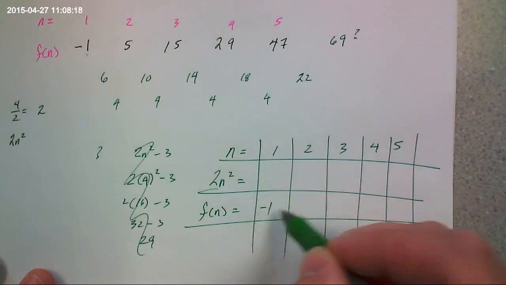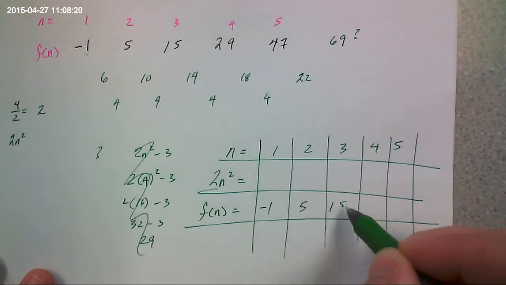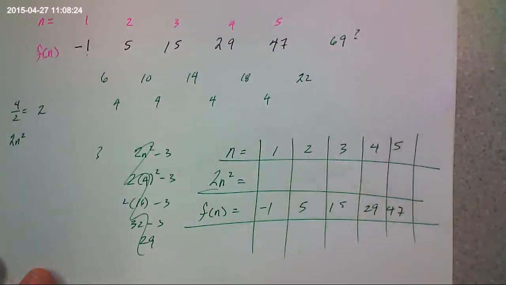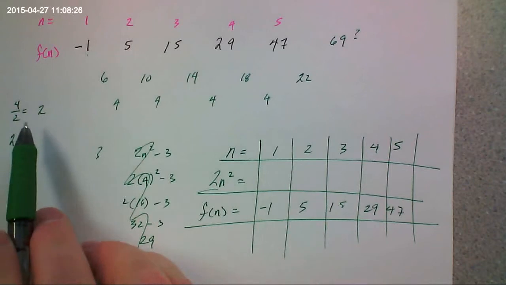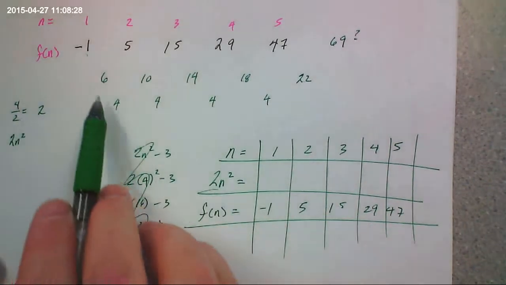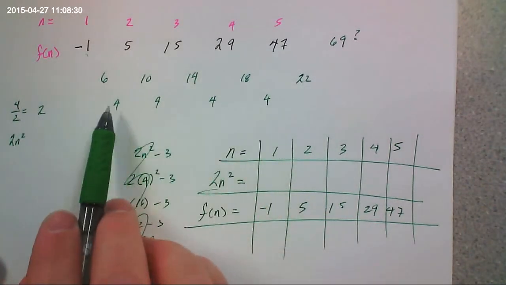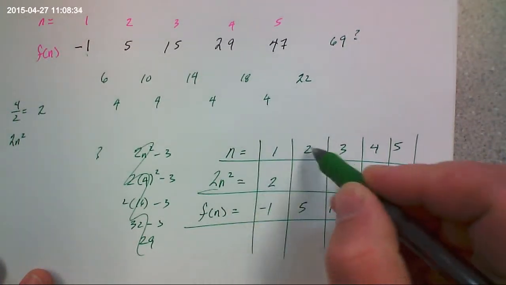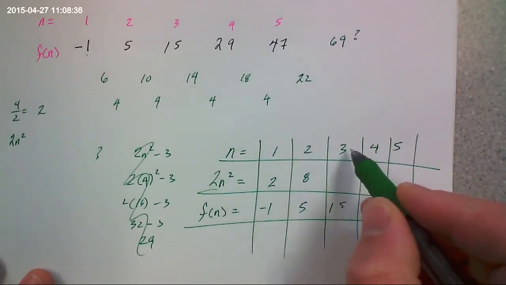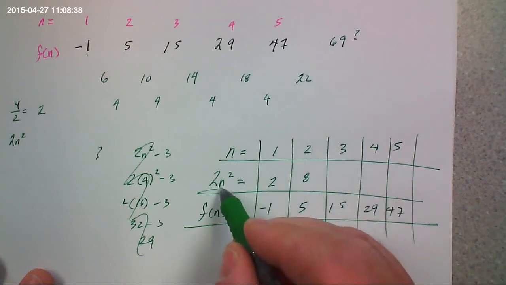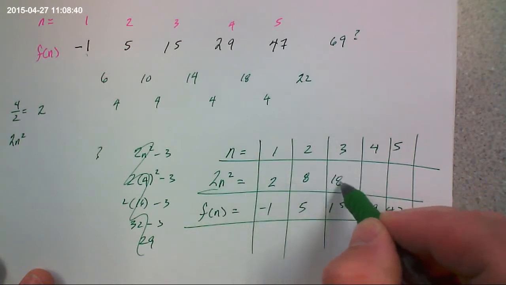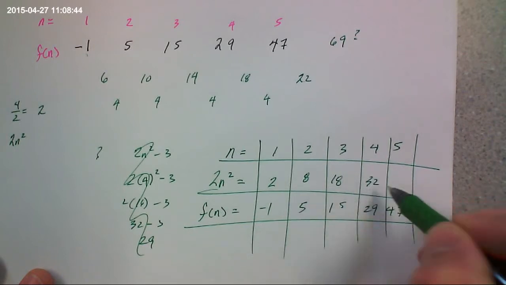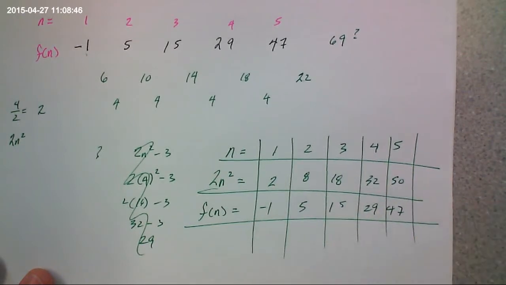These are the numbers we've been given, which I took from up here, and the way I got 2n squared is from dividing this second change by 2. So 2, 8, 3 squared is 9 times 2 is 18, 4 squared is 16 times 2 is 32, and this will be 50.